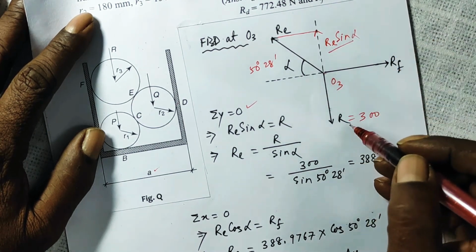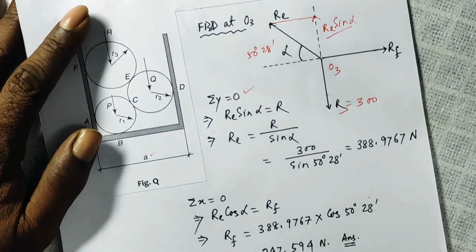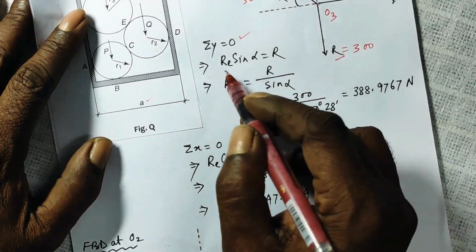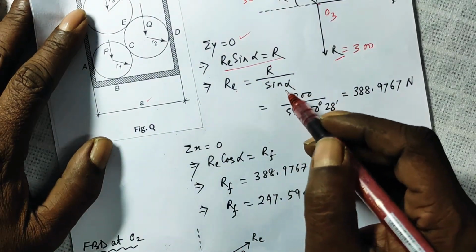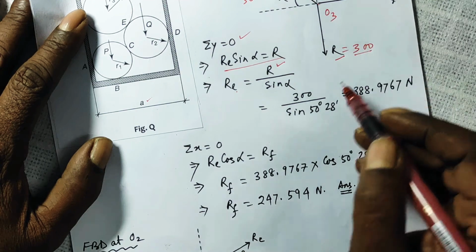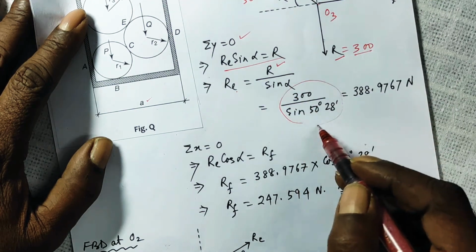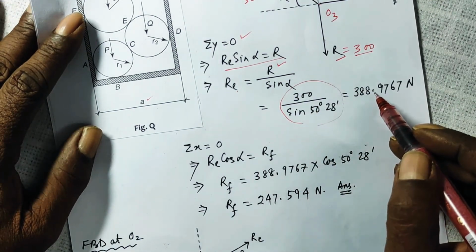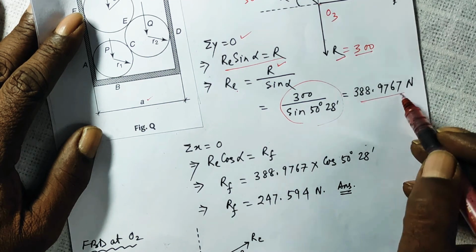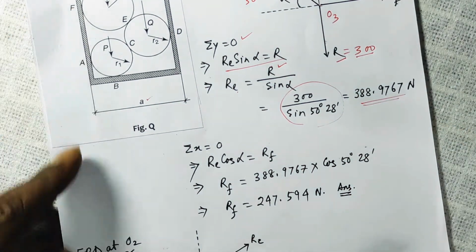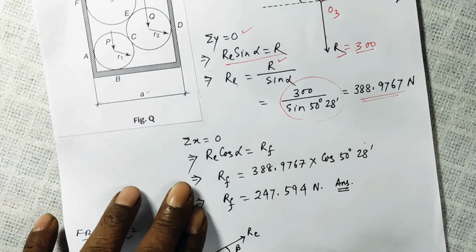So RE sin alpha will be balanced by R. So RE sin alpha is equal to R. So RE is equal to R over sin alpha. The value of R is given. Alpha you have found out. So by putting in, this comes out to be 388.9767 Newton.